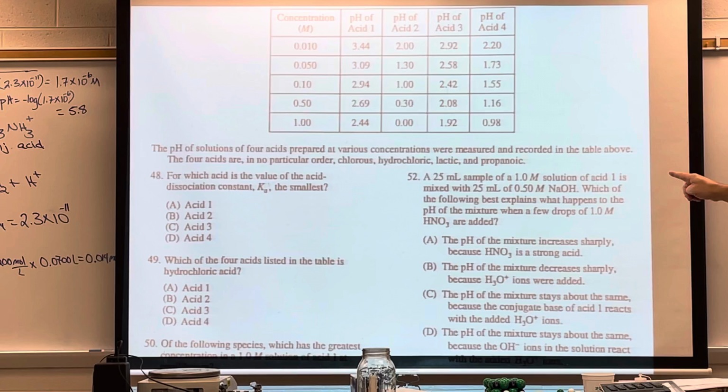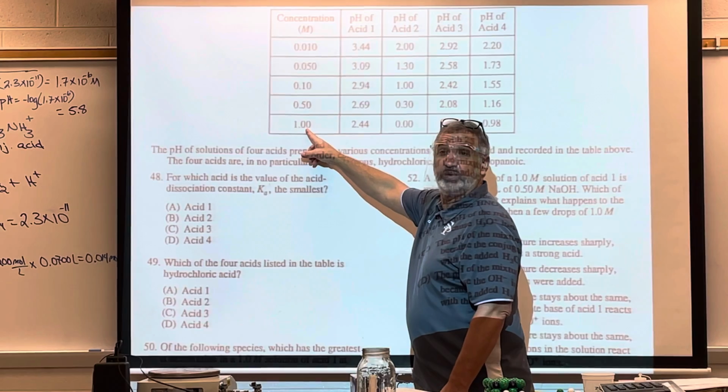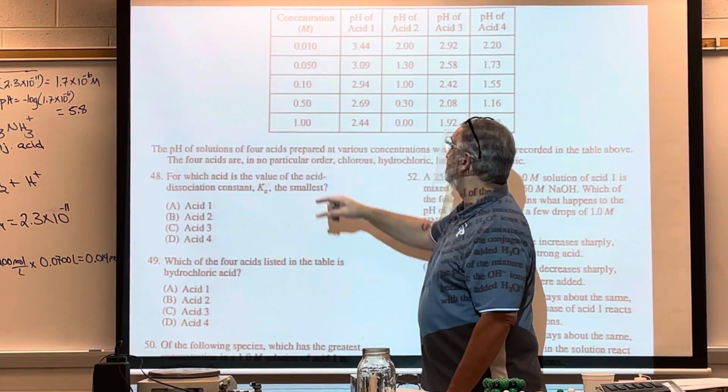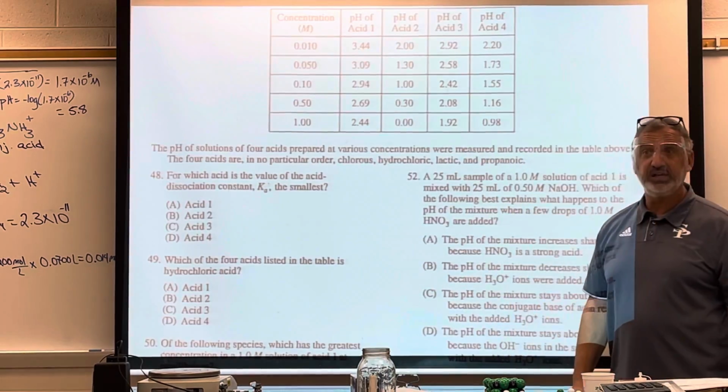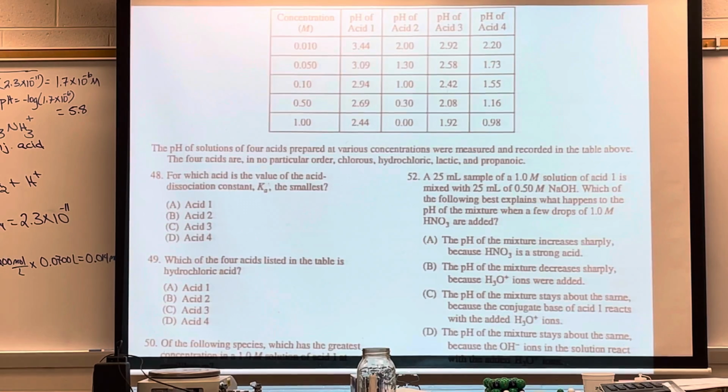Now, what do we know about strong acid, hydrochloric? 100%. So if I have a 1 molar hydrochloric acid, what's the pH of that going to be? 0, because the negative log of 1 is 0.